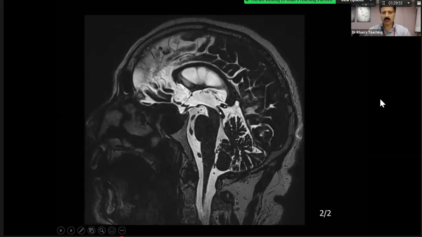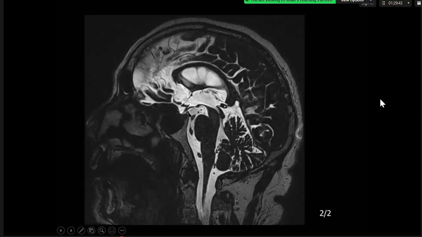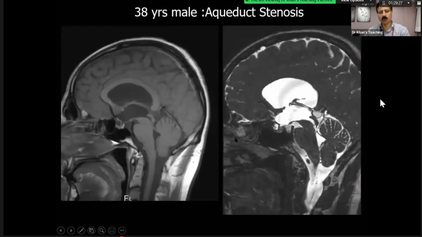And this is the midbrain, the tectal plate, the colliculus, etc. This anatomy is important because of the tumors which we will cover. There will be an infundibular tumor, there will be a tumor which will be, let's say, hypothalamic, or a pineal gland tumor. So all of this anatomy is important for you to remember.